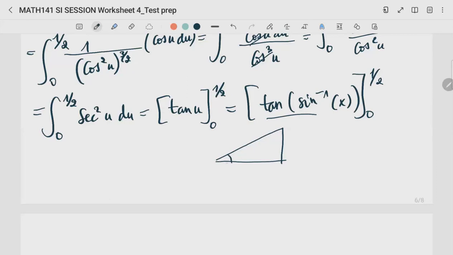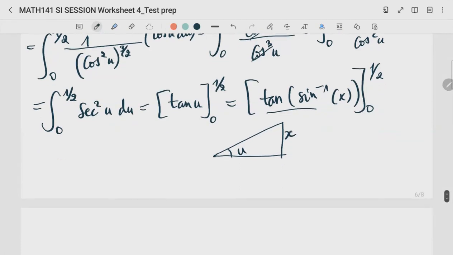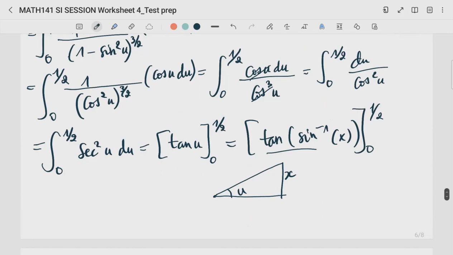if this is our angle, let's call it u, right? Because that's what we're dealing with. And sine of u is just the opposite side, which let's call it x, over the adjacent, right? Well, no, sorry, opposite over the hypotenuse, right?